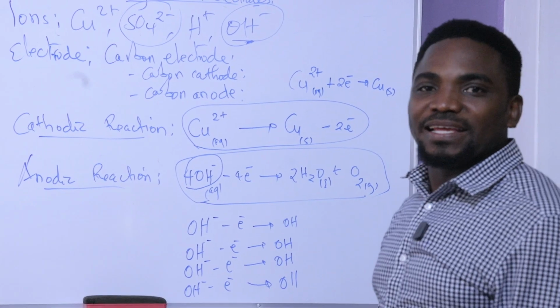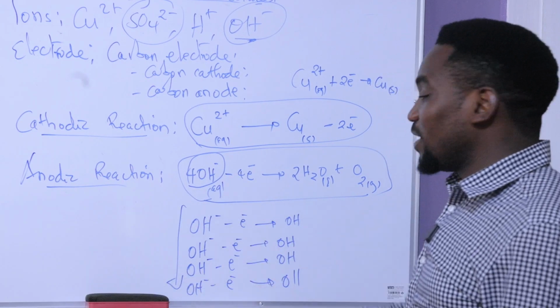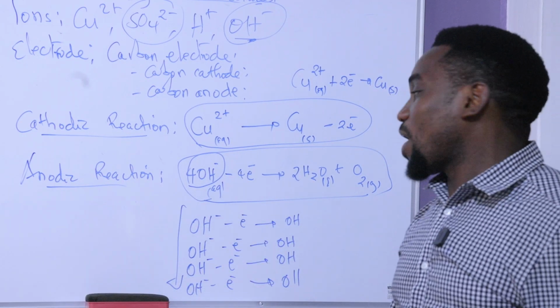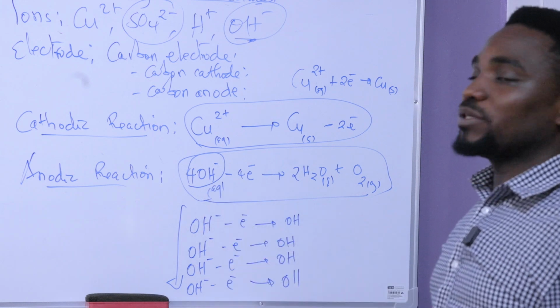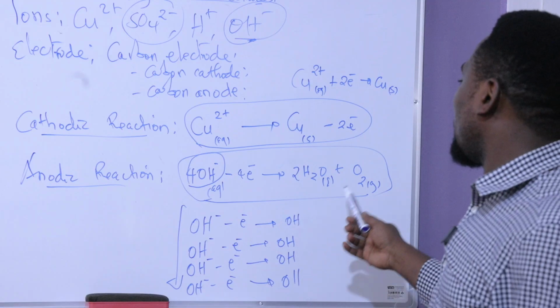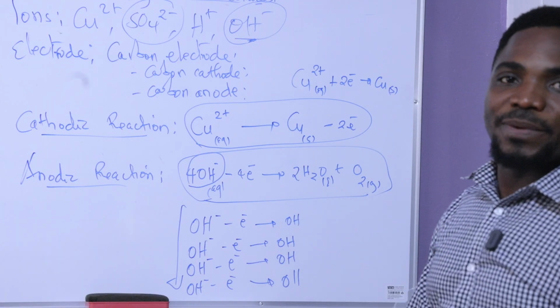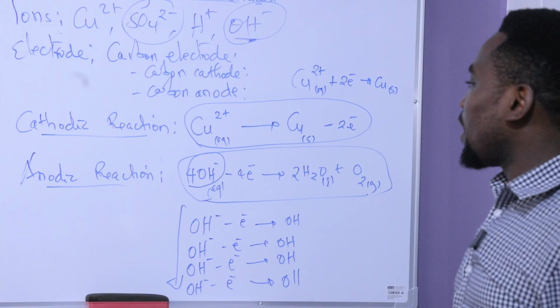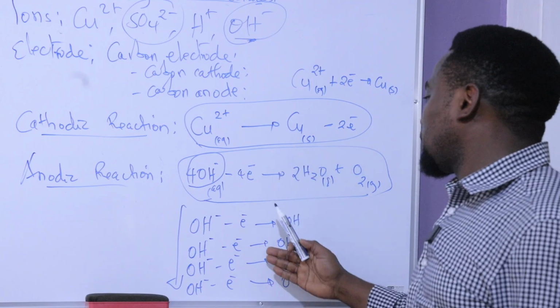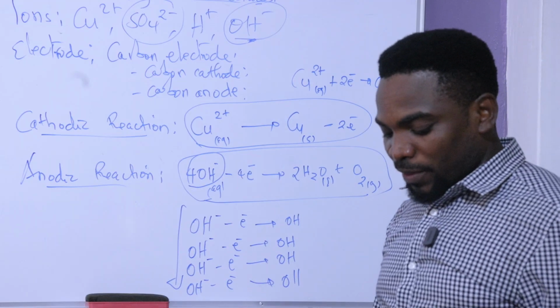After combining these equations, you will realize that you'll be having 4 OH- ions, 4 electrons, and here 2 moles of water and oxygen gas. It is very simple. So this is what happens from this equation.